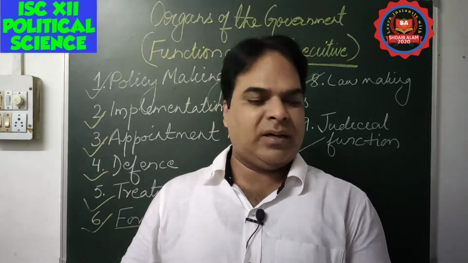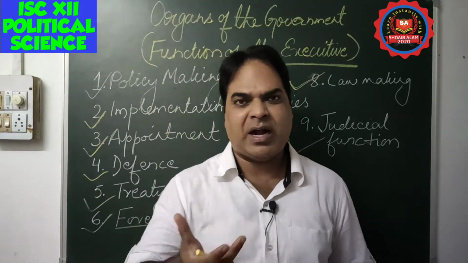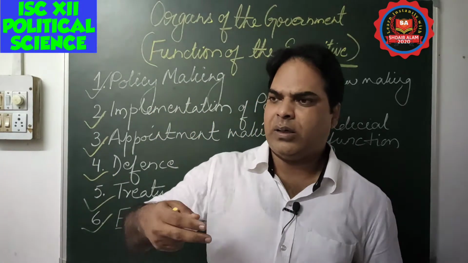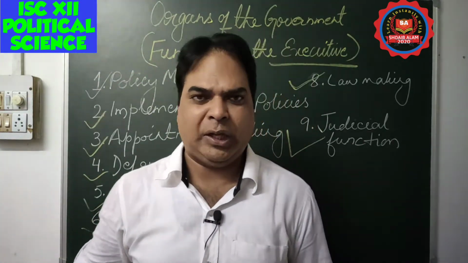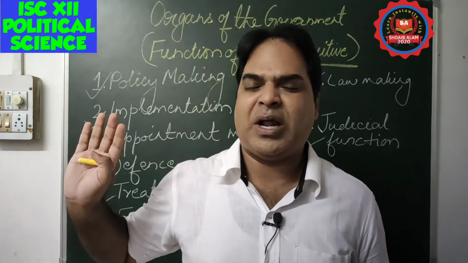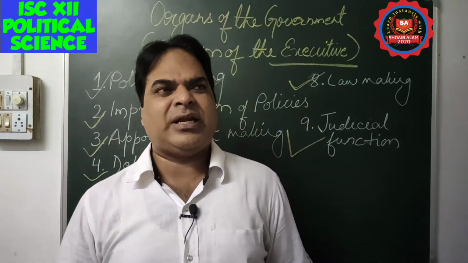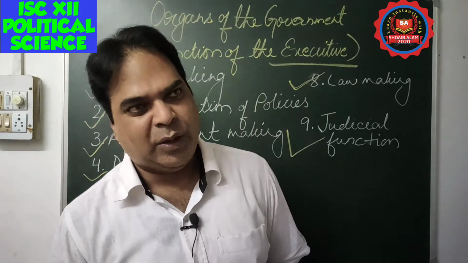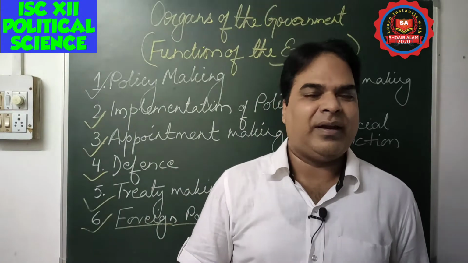Further, the head of the state has the right to grant pardon. What is the meaning of grant pardon? Say the Supreme Court has pronounced a death sentence to the accused. That is the final decision. Still there is a chance that you can request the president, the executive head of the country, regarding pardon.